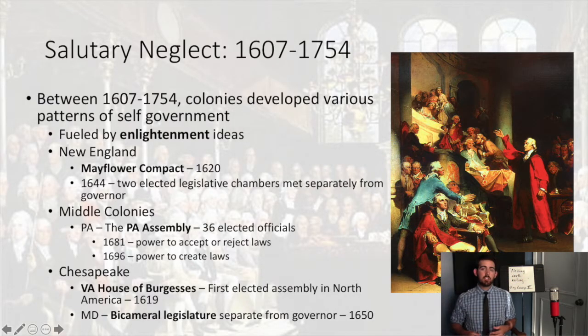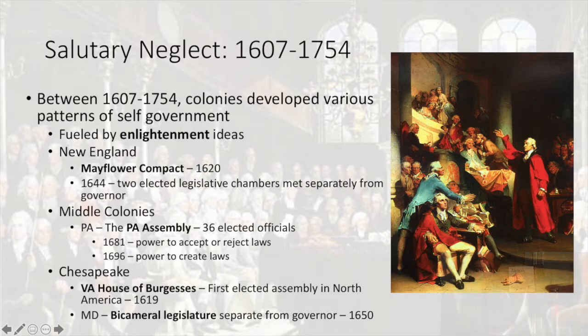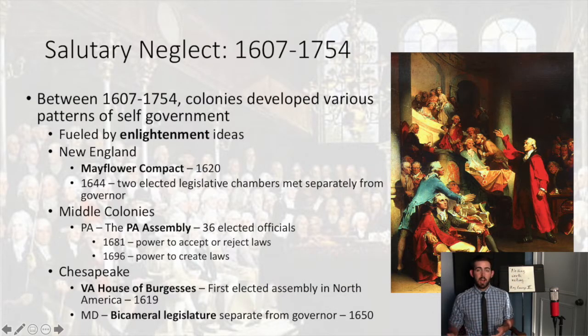In the middle colonies, democracy emerged in Pennsylvania. William Penn established an elected assembly of 36 members that first had the power to accept or reject laws, but later achieved full legislative authority. In the South, we see evidence of democracy in the Virginia House of Burgesses, the first elected assembly in North America, established in 1619, and also in Maryland's bicameral legislature, established by Lord Baltimore in 1650.